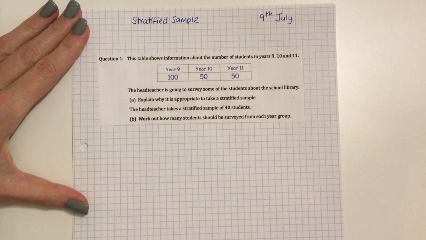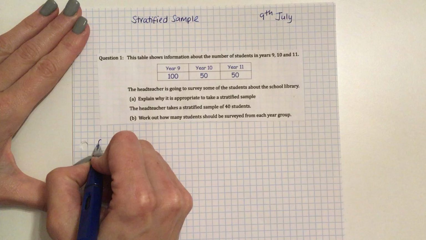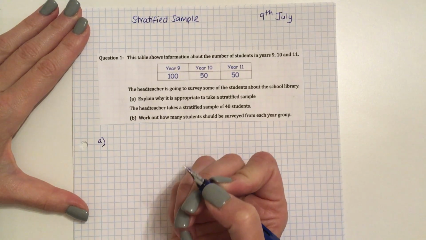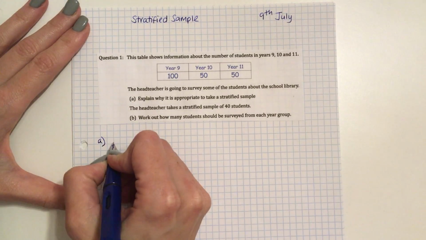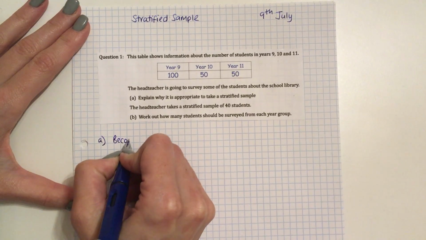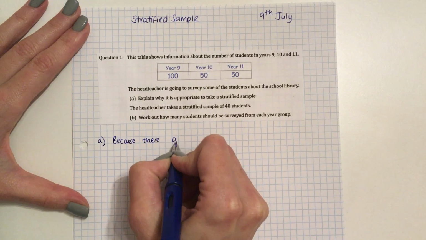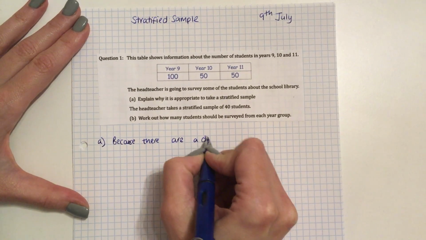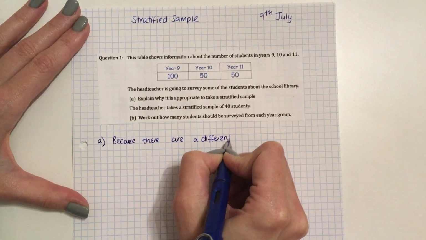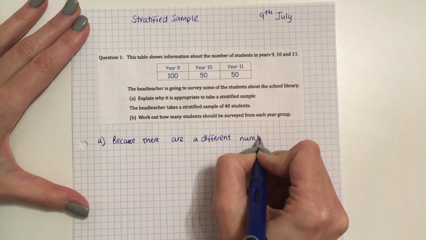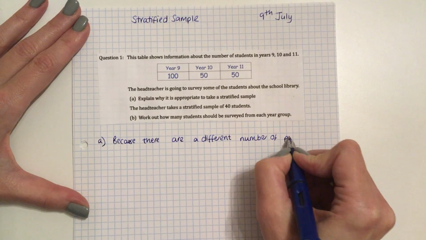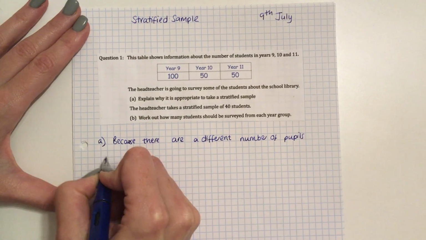So if I try and write that in words, part A: explain why it's appropriate to take a stratified sample. Because there are a different number of pupils in each year group.